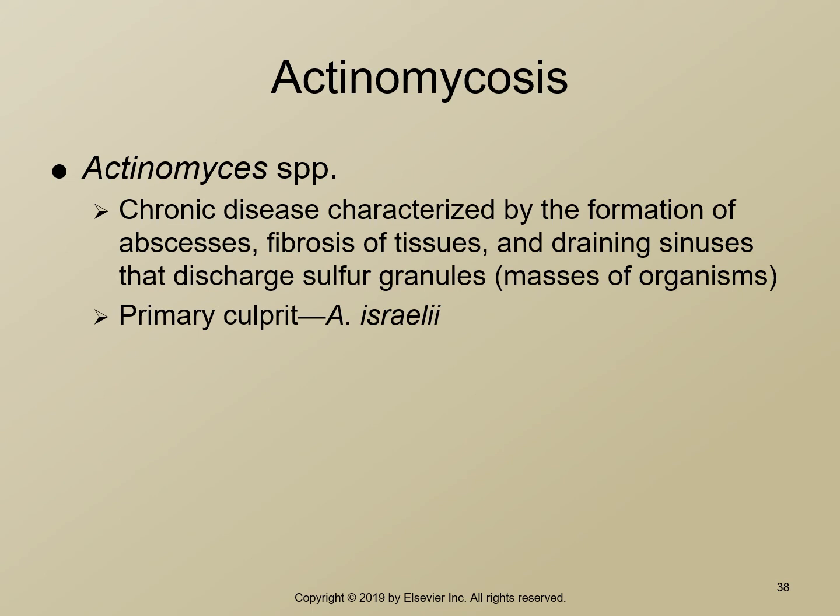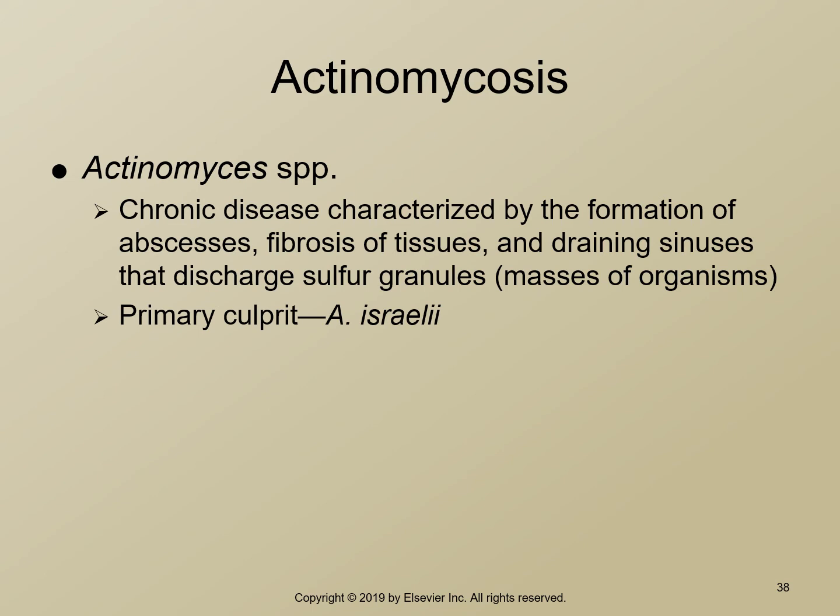Actinomycosis is a chronic infection caused by Actinomyces, with the primary causative agent being Actinomyces israelii. It's characterized by formation of abscesses, tissue fibrosis, and draining sinuses that discharge sulfur granules, which are masses of the Actinomyces organisms. Remember, Actinomyces is a non-spore-forming anaerobic or microaerophilic bacterial species.